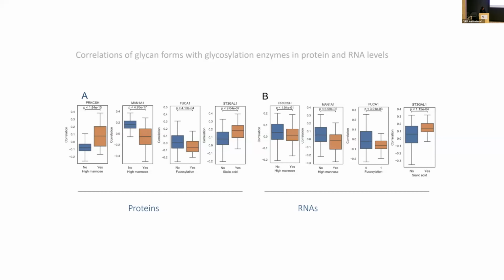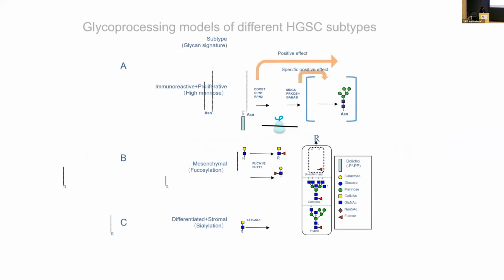To summarize what we found from the glycoproteomics study, this is what we think is happening in the 3 ovarian cancer subtypes.